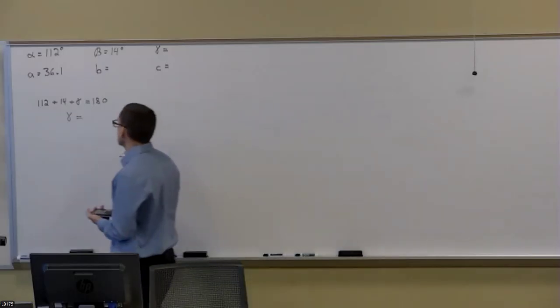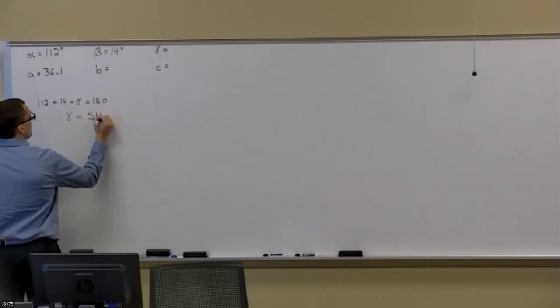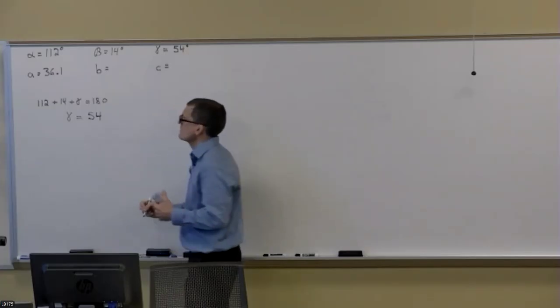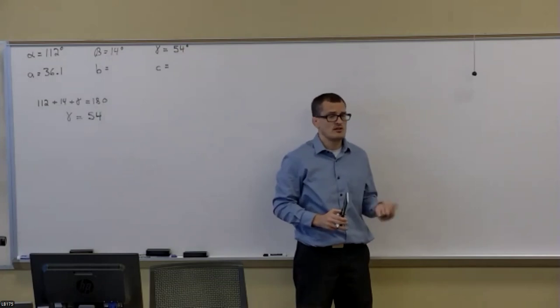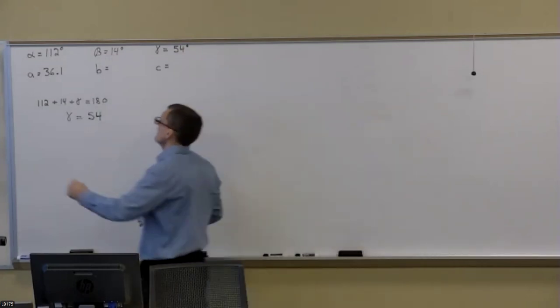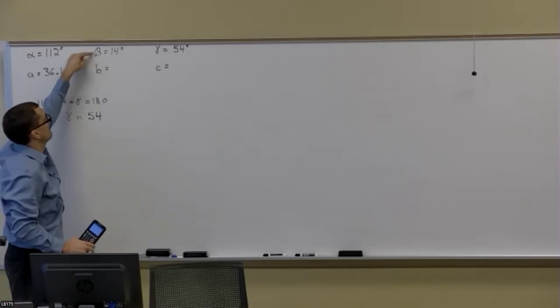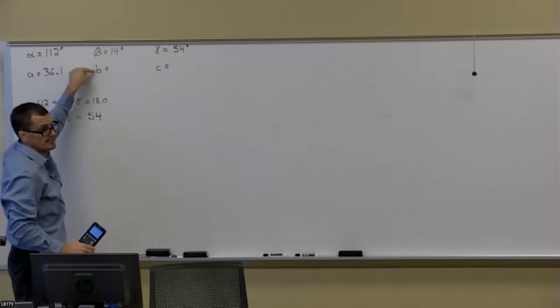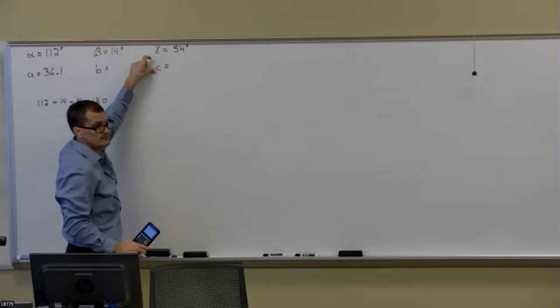So gamma should be 54 degrees. And now we're off to the races with law of sines. I have one of the ratios I need for law of sines, the alpha and the A. I have the beta. I don't have the B, so I can use law of sines to figure out the B. I have the gamma, don't have the C, so I can use law of sines for C.